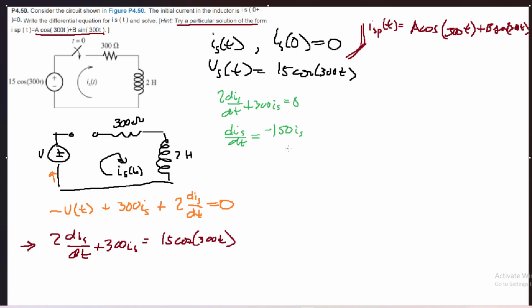So this is 1 over Is dis, which gets integrated with respect to Is, and we have negative 150 dt. This gives us ln of Is is equal to negative 150t plus c.